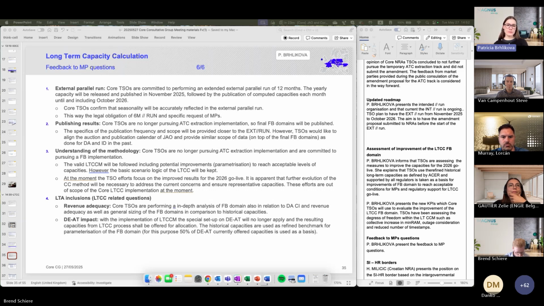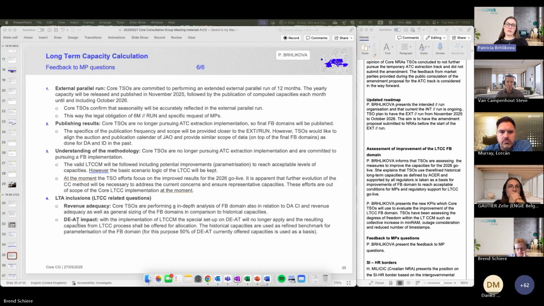And then the last one, the LTCC related questions with regards to the LTA inclusion removal. For the revenue adequacy, as said, we are trying to now perform this in-depth analysis of the flow-based domain in relation to the day-ahead congestion income and the revenue adequacy.